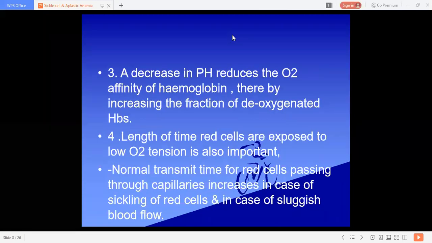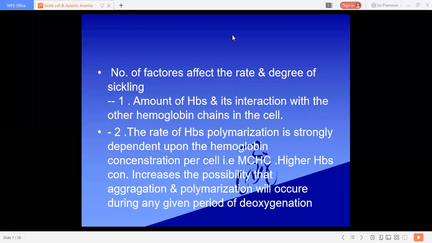So the first part we discussed was the amount of HbS and its interaction with the other hemoglobin. The second is the rate of HbS polymerization, which depends upon MCHC, hemoglobin concentration per cell.